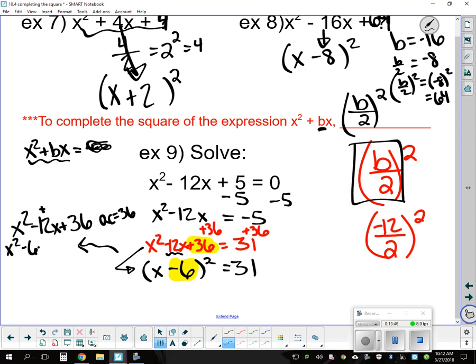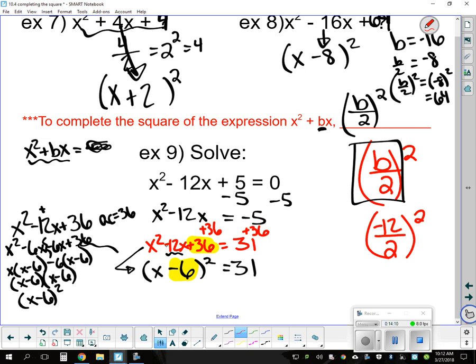So I could replace my middle term with those two numbers, split it in half, factor each side, and I'd be left with factors of x minus 6 and x minus 6, and another way to write that is x minus 6 squared, which is exactly what I have here.